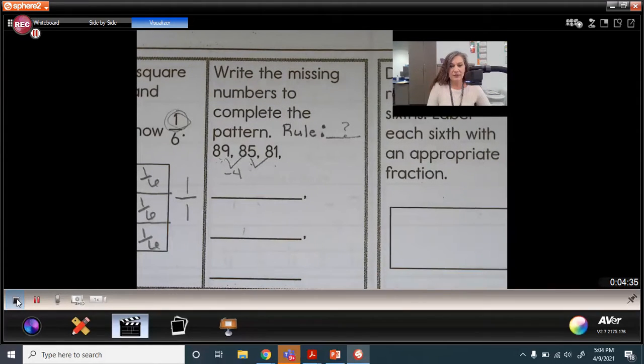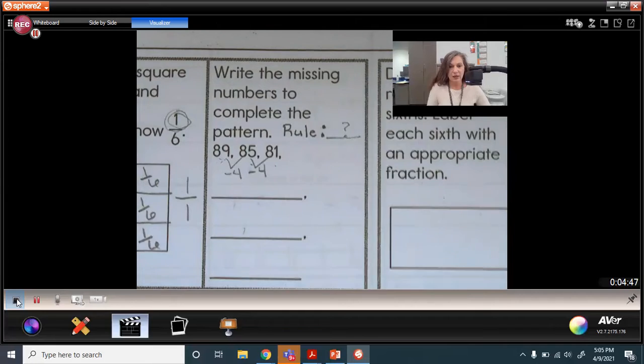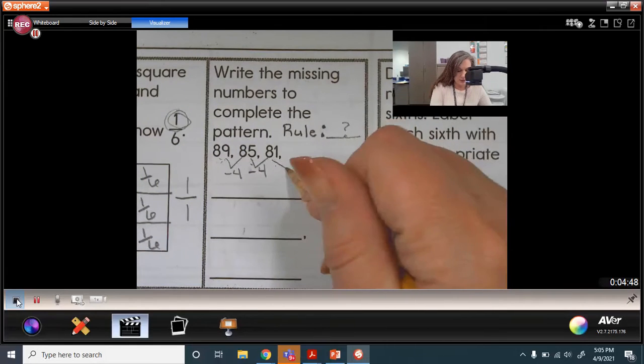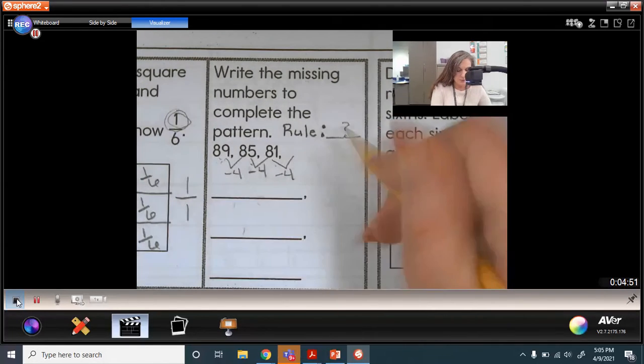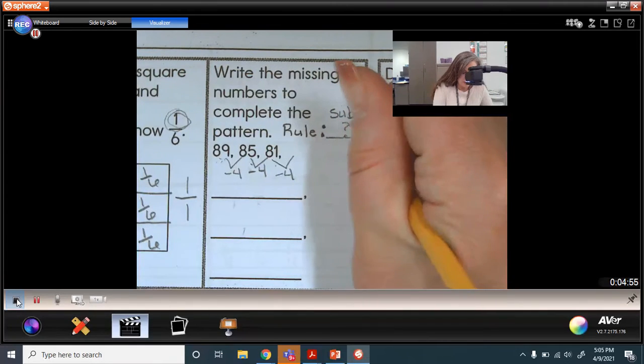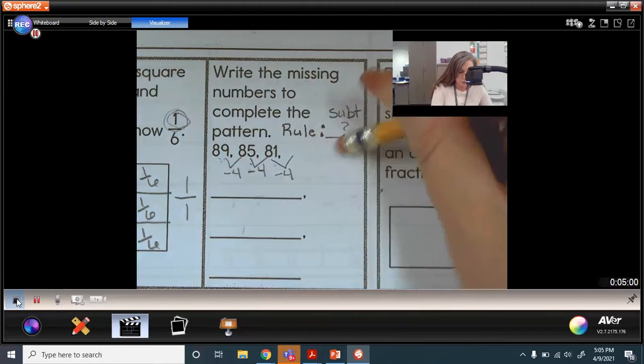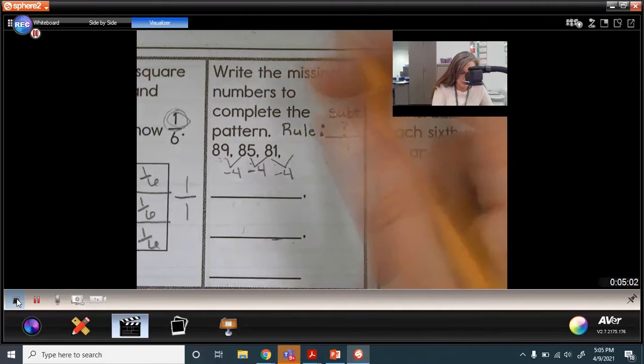So 85, let's count back 4 more. 84, 83, 82, 81. So we subtracted 4 there. Since this seems to be what's happening each time, we can do the same thing and continue this pattern. So the rule to this pattern is subtract 4. We're going to subtract 4 each time.